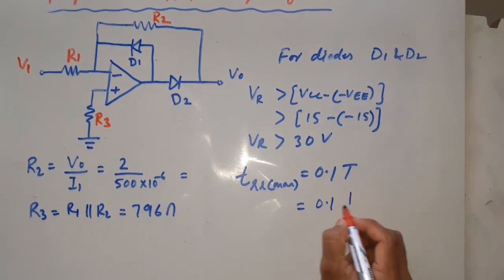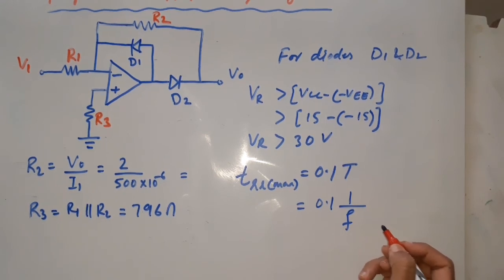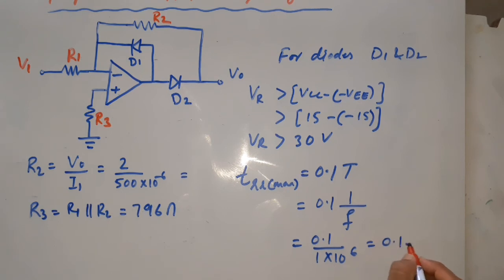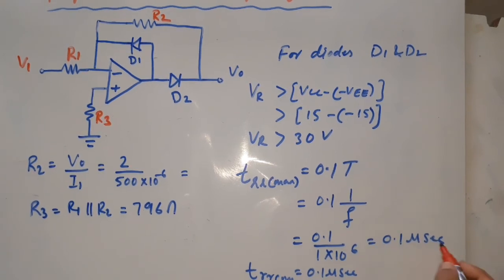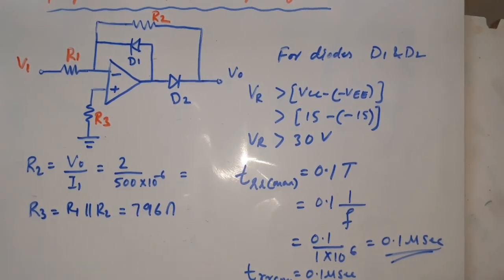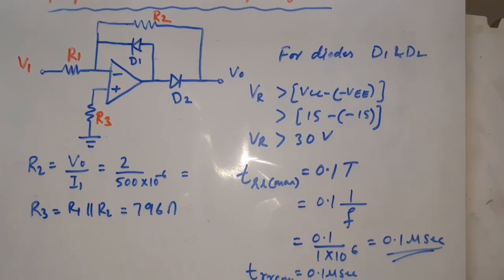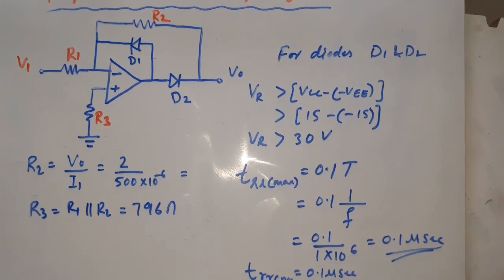T can be written as 1 by F. That is nothing but 0.1 divided by 1 mega, 10 raised to 6. This will give you 0.1 microsecond. So this is your TRR. So here your problem ends. This will end part A of your module 4. Thank you.